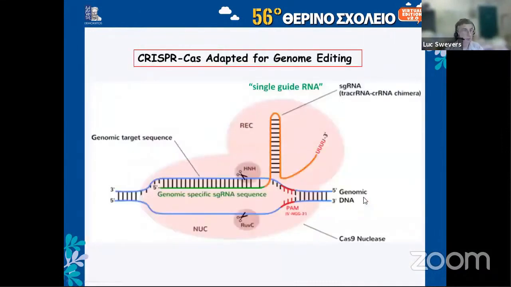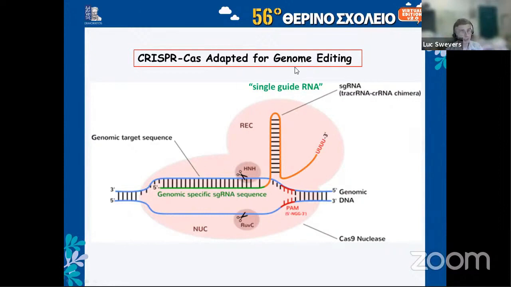So this system then was adapted for genome editing in all types of organisms, and it was simplified to two genetic elements. One is the Cas9, or the Cas protein, the nuclease, and the second one was then a single guide RNA in which the transactivating CRISPR RNA and the CRISPR RNA were fused.